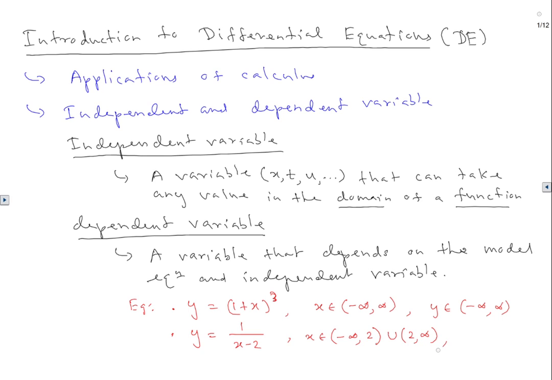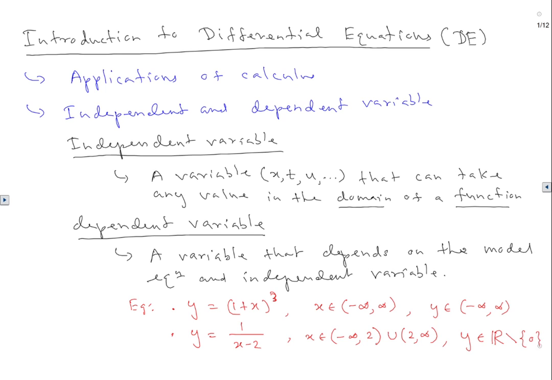And then what is y? If you think of the graph of this function, y can never equal 0. There's no value of x that gives you y equals 0. So you get everything except 0: all real numbers except 0.